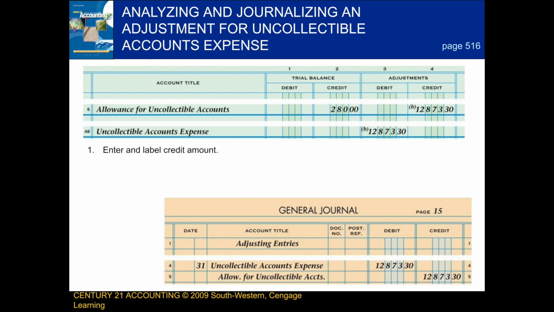First, we enter and label the credit amount. Next, we enter and label the debit amount. And finally, we record the adjusting entry.